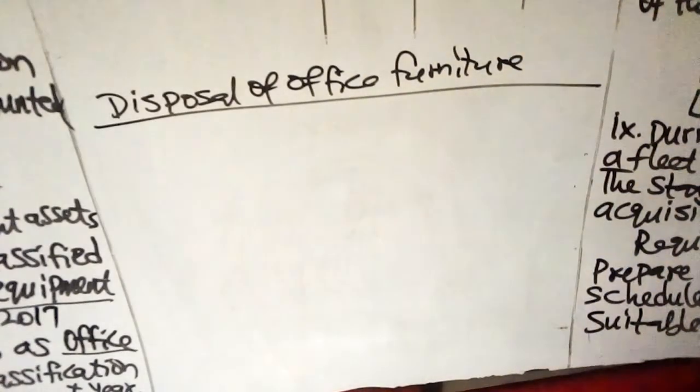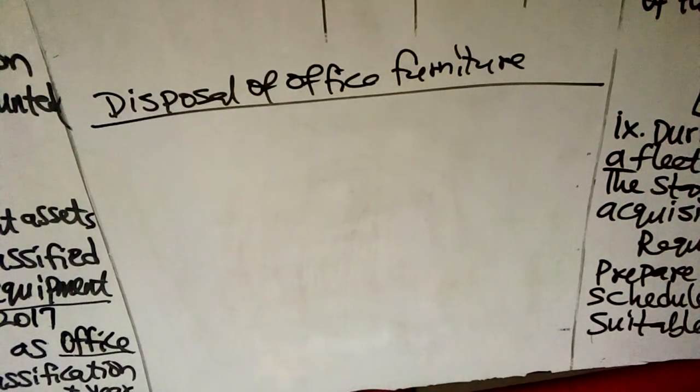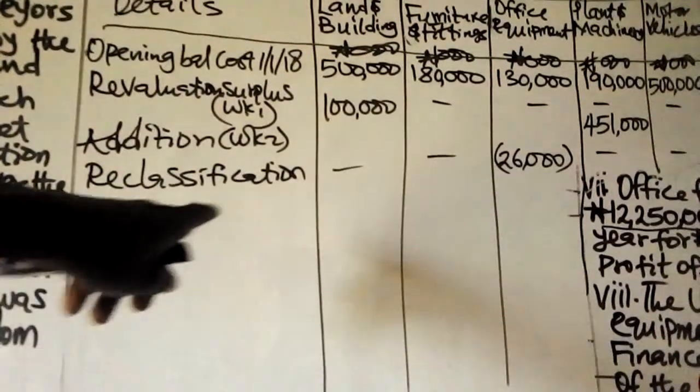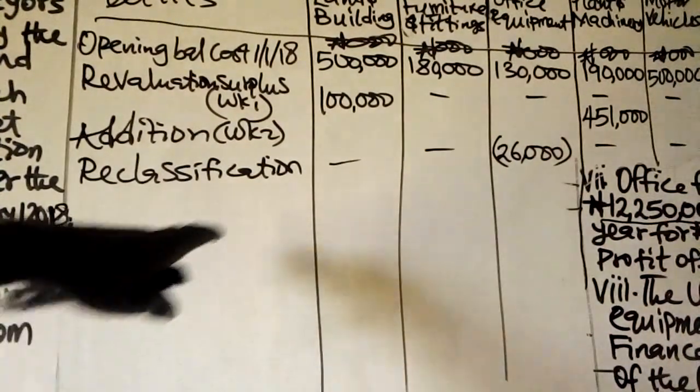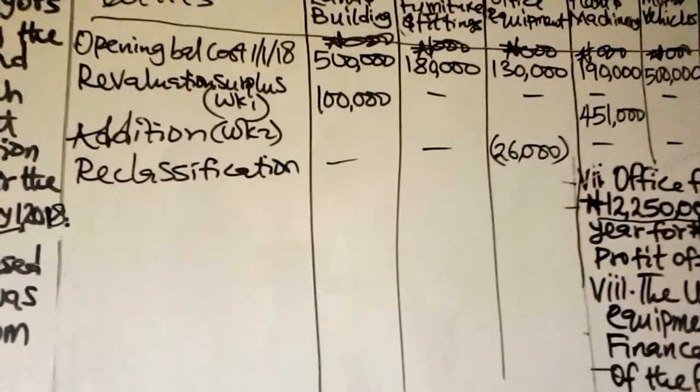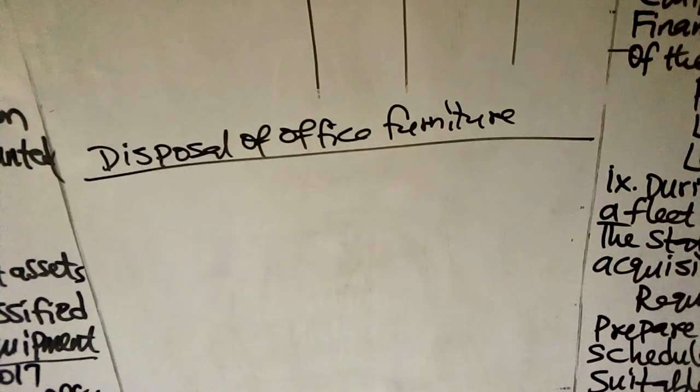What we need to include here is the cost. Its depreciation will be included when we get to the depreciation column. But let me calculate that depreciation.